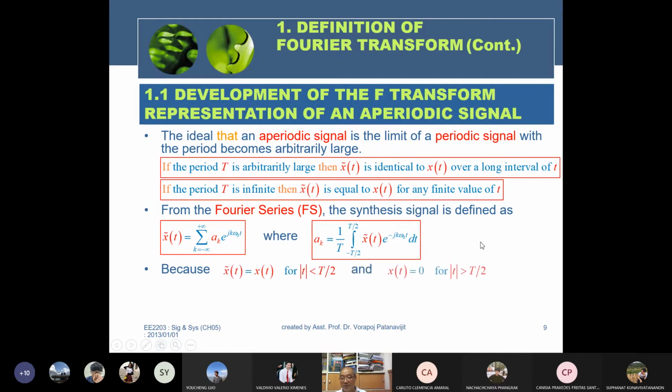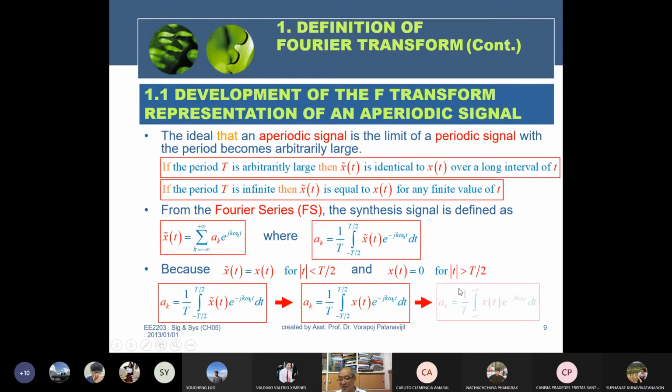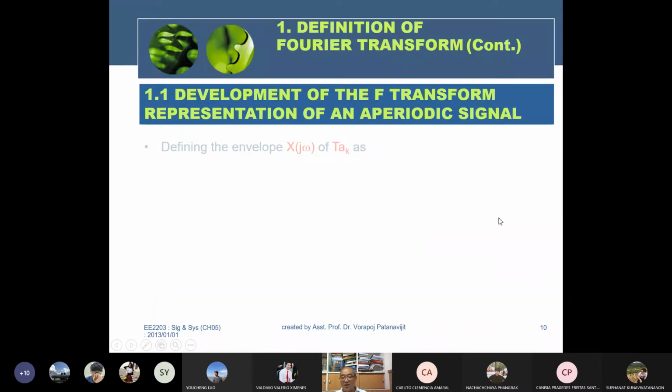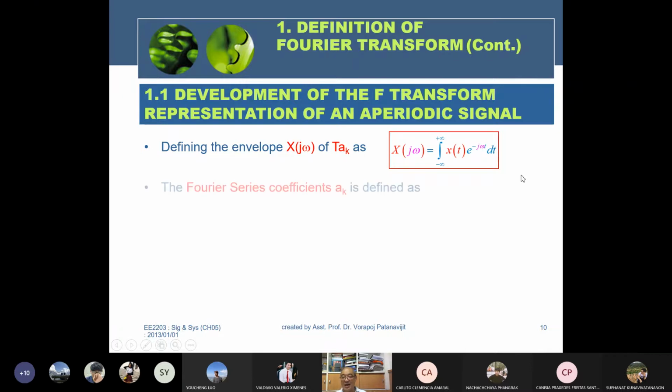In this case, if the period is infinity, the formulation of a_k will change to integrate from minus infinity to infinity instead, and we change the definition of the envelope X(j omega), which becomes this. This equation is called the Fourier transform equation. Remember that: the Fourier transform X(j omega) equals the integral from minus infinity to infinity of x(t) e^(-j omega t) dt.